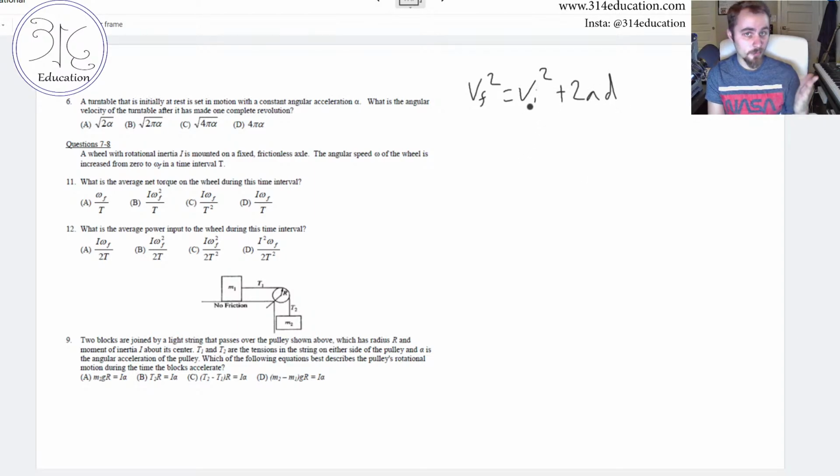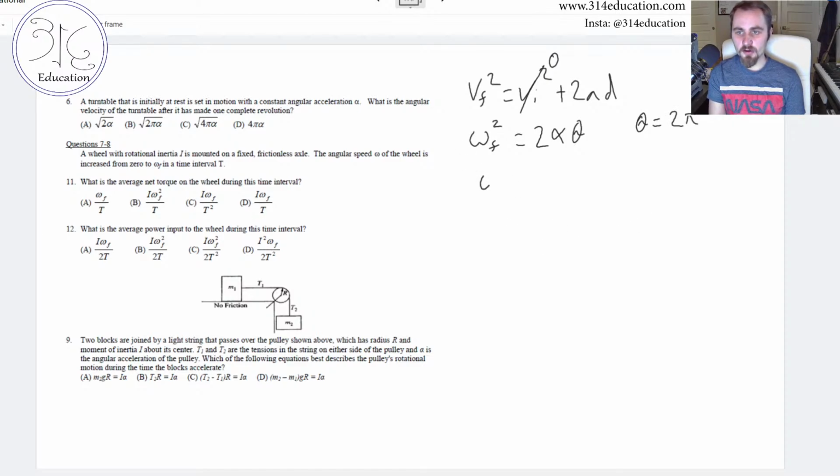In both cases we're starting at 0, but we now substitute each of these linear terms for an angular term, giving us that omega final squared, which is what we're looking for, is going to equal 2 times alpha times the distance we've traveled. That's our theta, and for one complete revolution theta has to equal 2 pi.